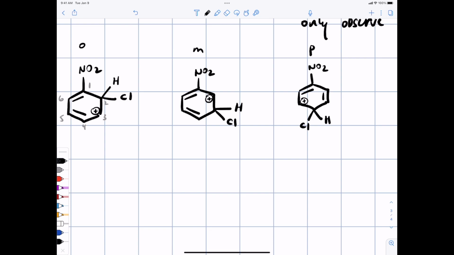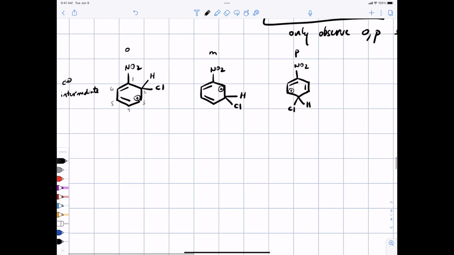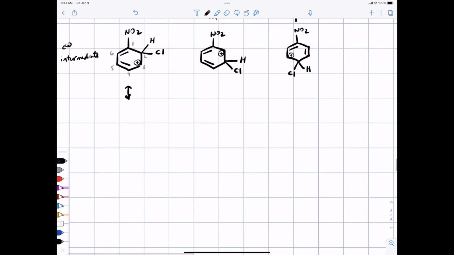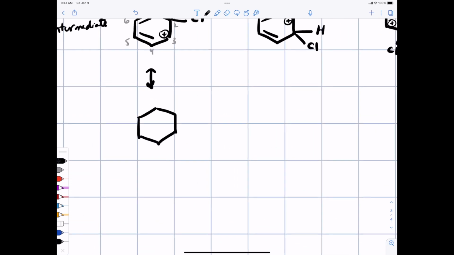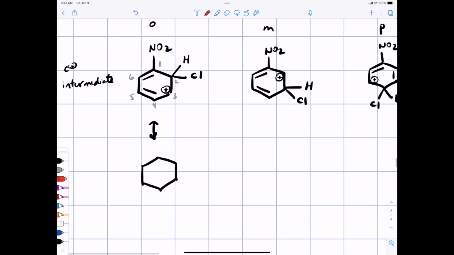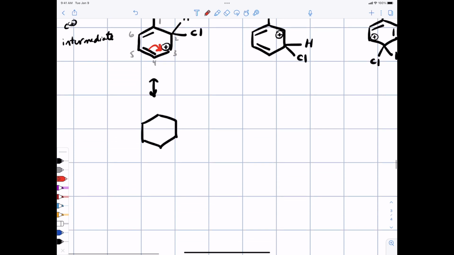Okay. Now, we're going to draw some resonance structures here, showing where that positive charge can be. If you have trouble converting from one resonance structure to another, you should practice that. Simply, for positive charge situations, you move the pi bond over from 5 and 4 to be between 3 and 4, and then a positive charge is left behind on 5.